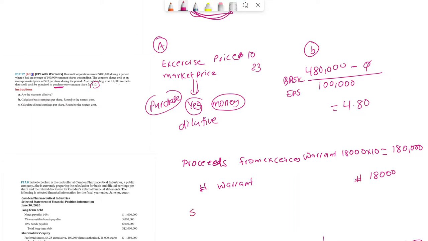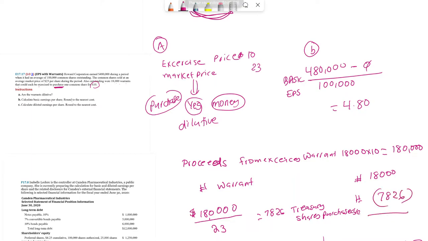So we are going to use the 180,000 dollar value that we received. We take it divided by the market value of 23, and that's how many treasury shares are purchased with the proceeds. In this case, it will be 7,826 treasury shares purchasable, and that will be 78,260.